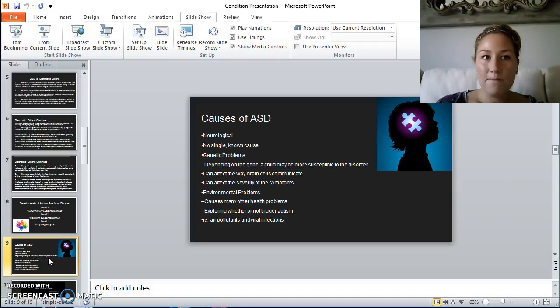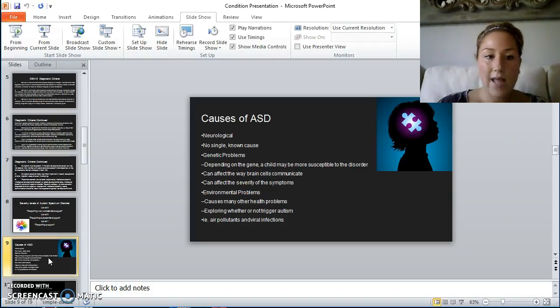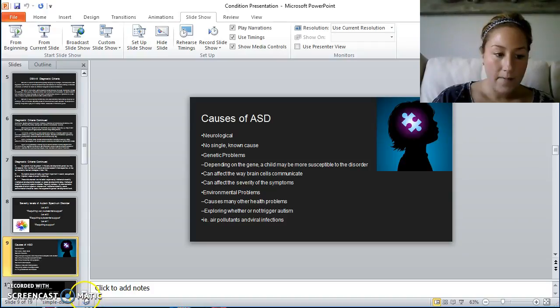There's always a cause and an effect to everything, I think, in life, and I just think that it happens. And I do think that it could have been in the environment, it could be the genetics, it could be any of these, but scientists haven't pinpointed the exact cause of ASD.